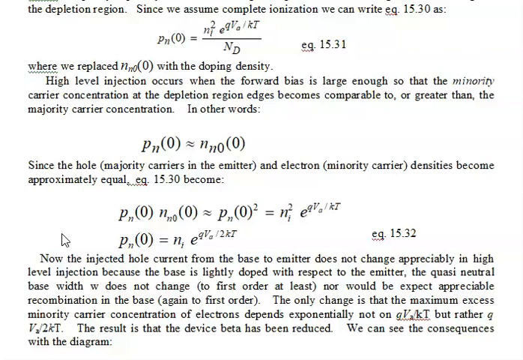And that's what's happening here. Otherwise, there would be a runaway, the current would go crazy, and everything would be not very good. So what nature does is it limits the rate at which the holes are injected into the base for extremely high forward biases.